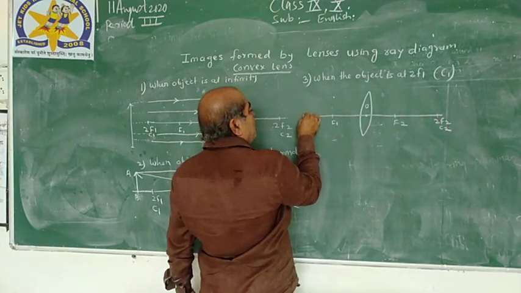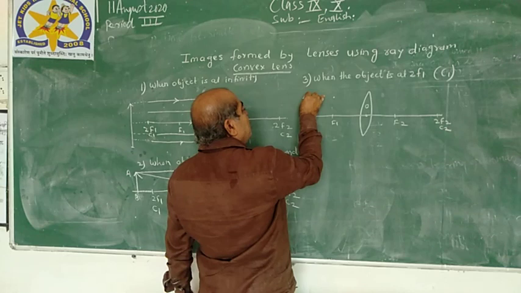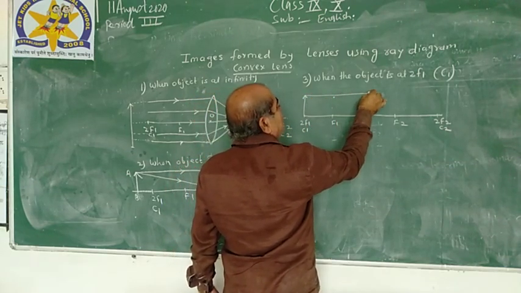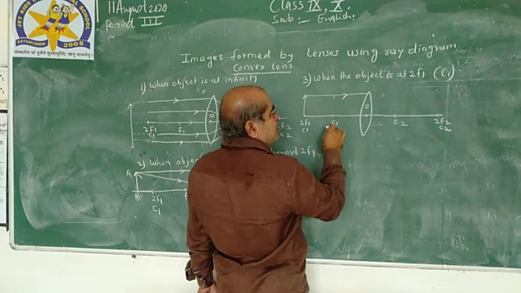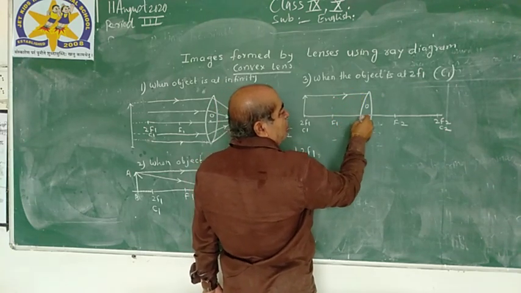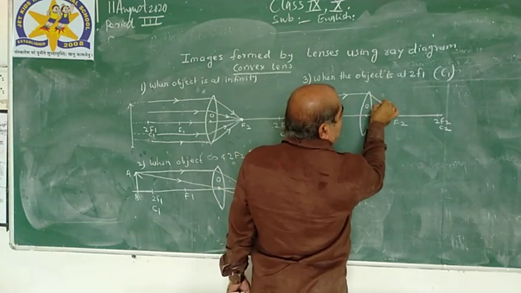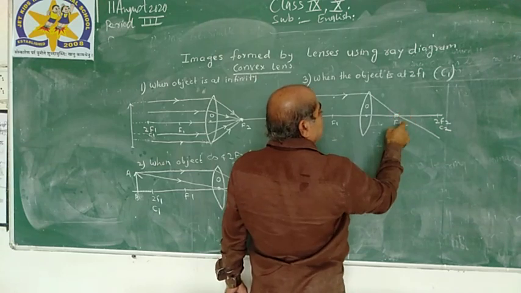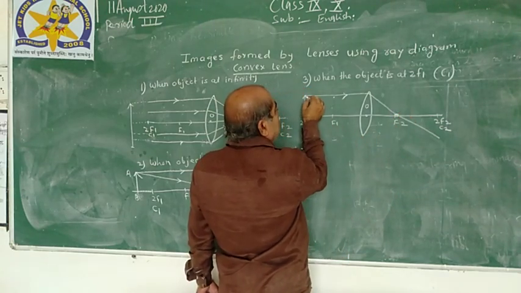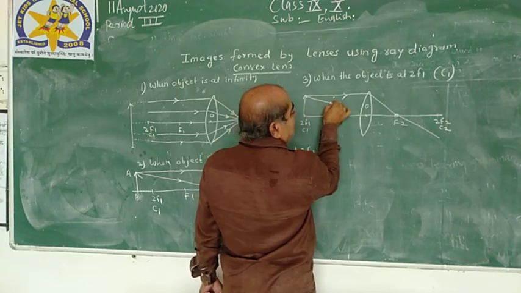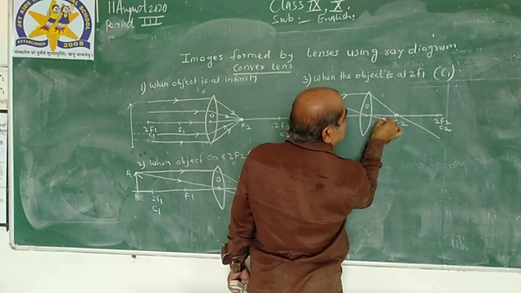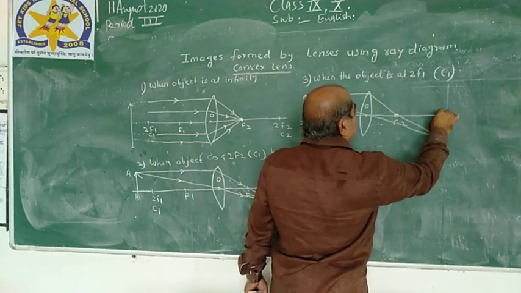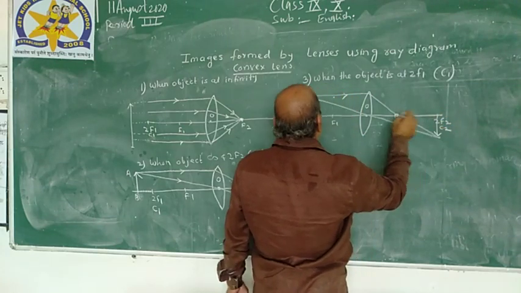So when the object is at twice F1, again when a ray of light parallel to the principal axis is incident on the convex lens, after refraction it passes through the principal focus on the other side, and a ray of light passing through the optic center emerges without any deviation.